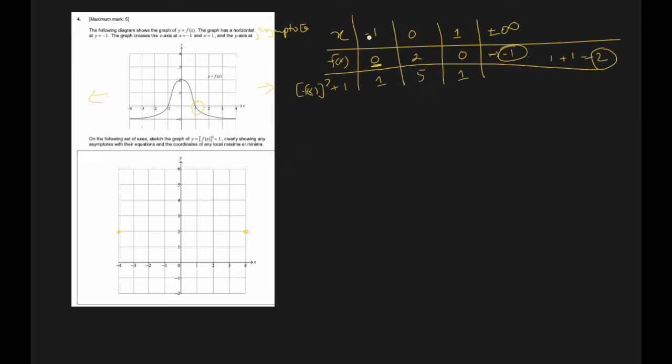Alright, then we have -1 and 1. -1 and 1 is here. Then we have 0 and 5. Add 1 to 0 squared and it will be 5. And +1 again, it will be 1. And it will reach there. So we can see some kind of the format now.